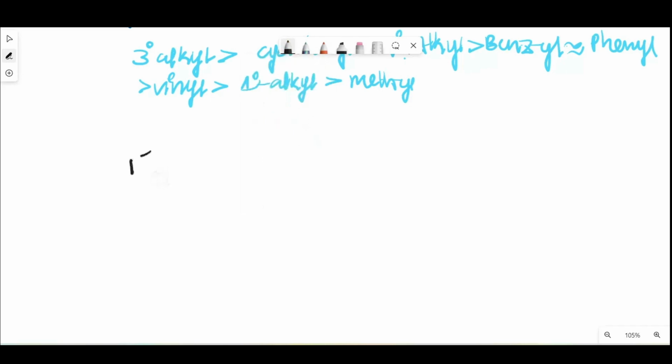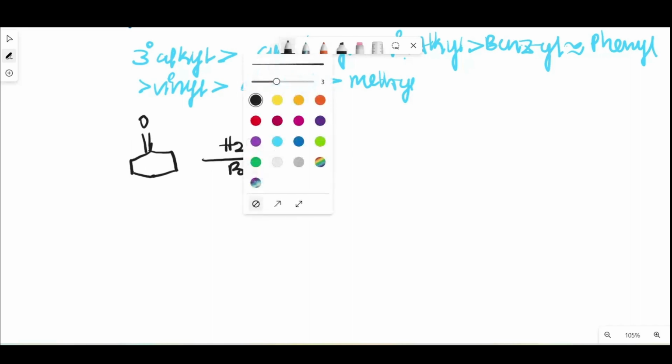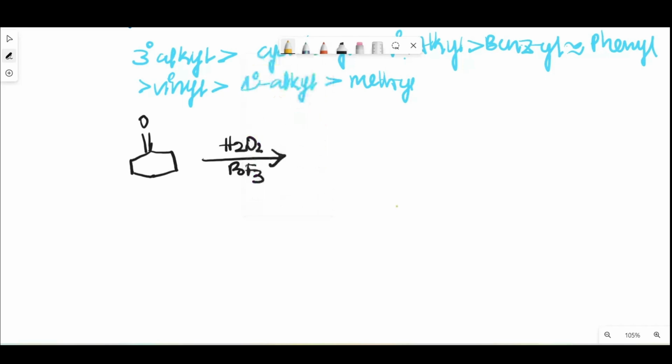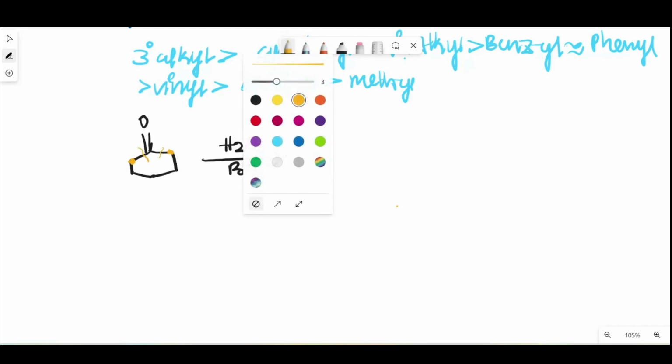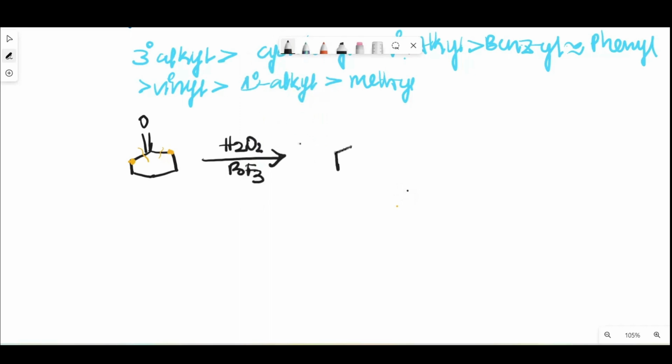See, if you have this ketone, we are adding H2O2 in the presence of a Lewis acid, then we will get, see here these two groups are the same, so you can insert here or here, wherever, both are the same only. So if you insert there, you will get the product like this. This is called a lactone, this is a ketone.